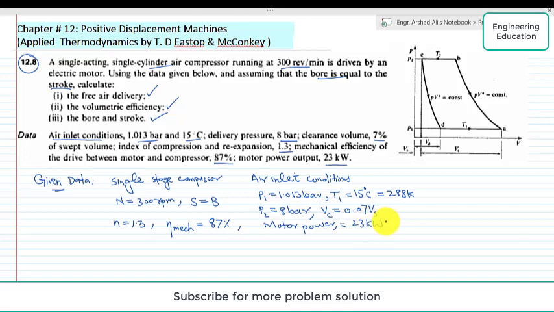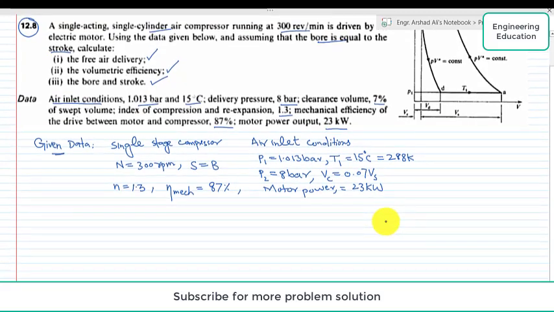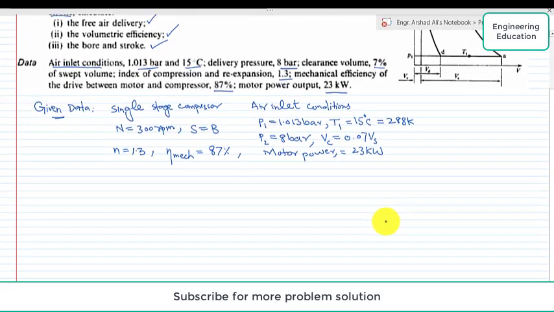So based on this data, we have to find, first, the free air delivery, FAD. Second, we have to find the volumetric efficiency.